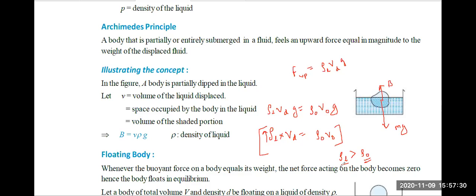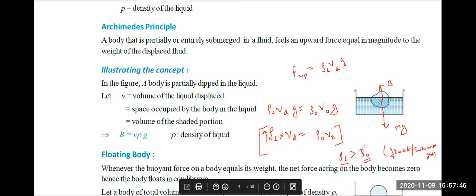So if density of liquid is greater than density of the object, it will either float or be submerged. Got it? But if density of liquid is less than density of object, then the object will sink.